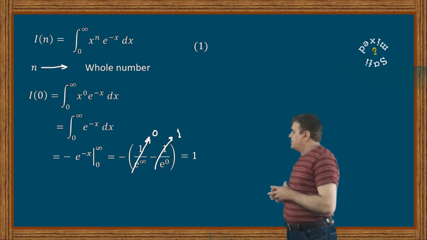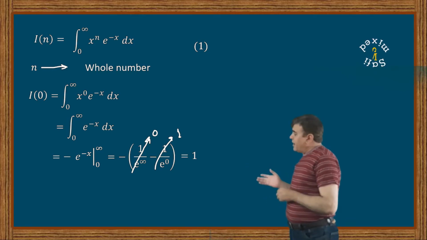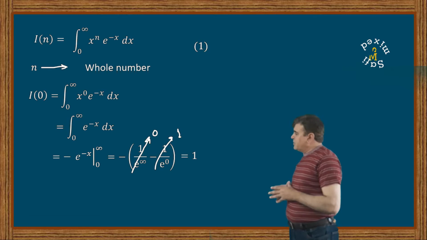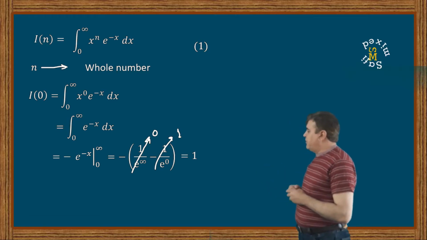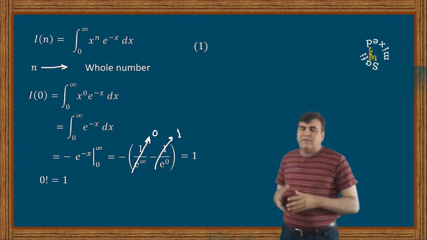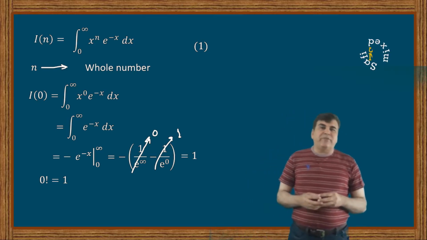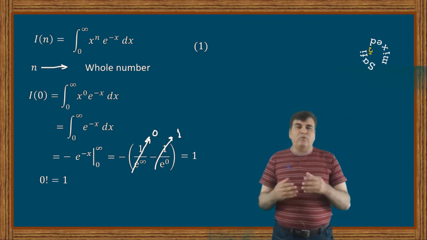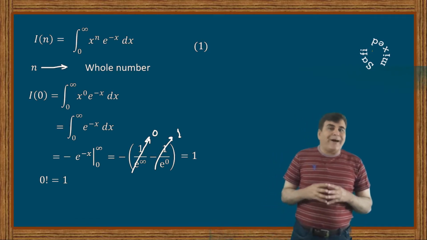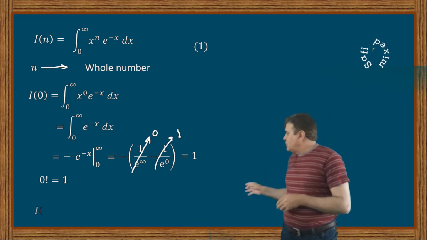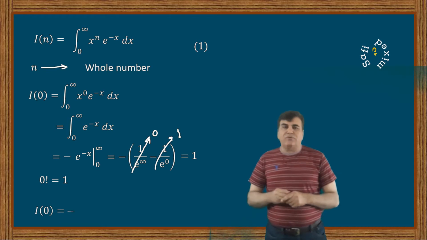Therefore, the integral reduces to 1, which I can write in terms of factorial as 0 factorial equals 1. The reason for writing this in terms of factorial will become obvious very soon. So I naught equals 0 factorial.